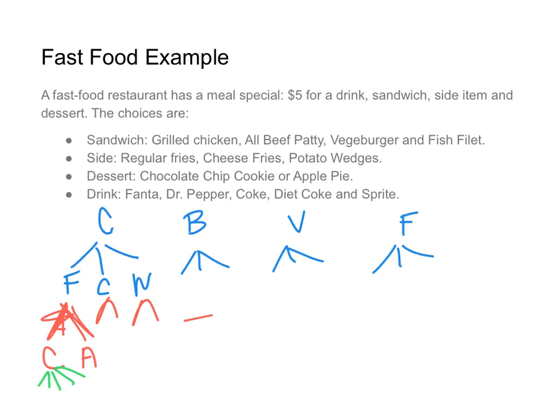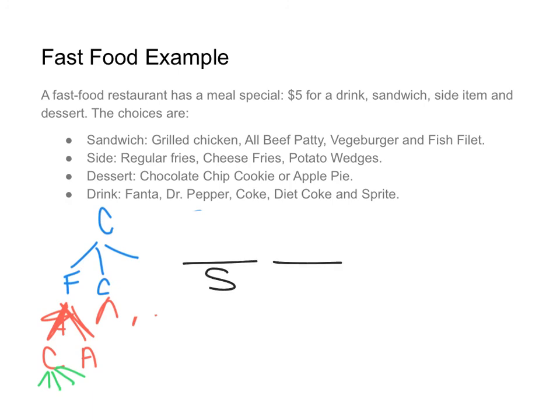And so what we're going to do is break this apart like we did the license plate example. You would have your sandwich option, your side option, your dessert, and your drink. And so we want to write how many options of each we have.